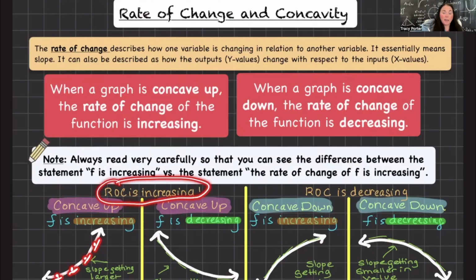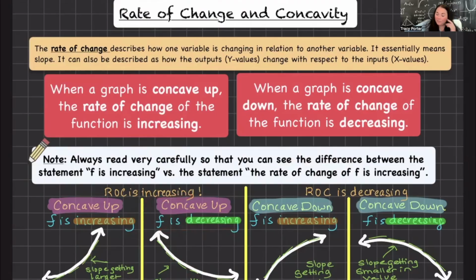And that's going to happen in both of the cases where it's concave up. So even here where the slope is negative, as you're getting closer, a negative value is getting closer to zero. So it actually is getting larger in value, so the rate of change is increasing. So you can still have the rate of change increasing when the function is decreasing.